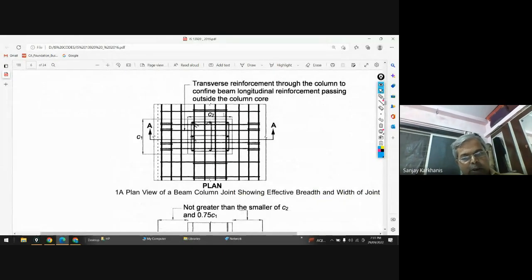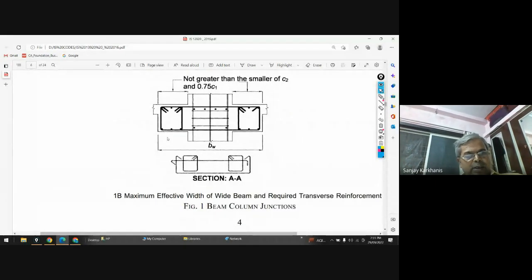So this is your C2 and this is your C1, and you have in plan the width of the beam like this. If you see, this is the arrangement, and this is BW.